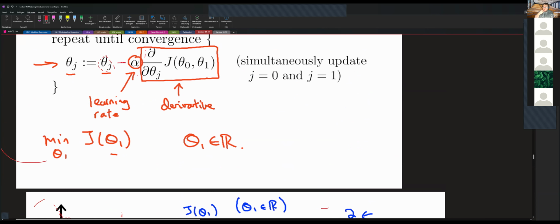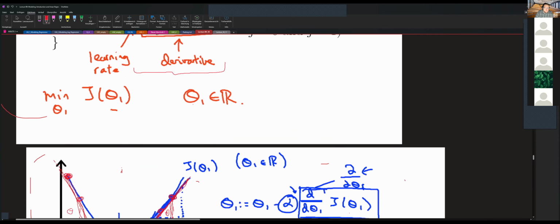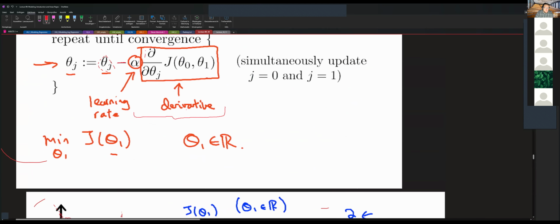This derivative has either a positive or negative slope, but the learning rate is always positive. The learning rate is between 0 and 1.